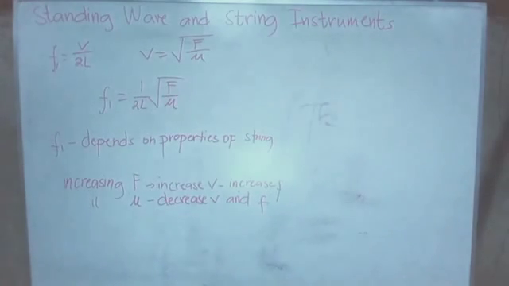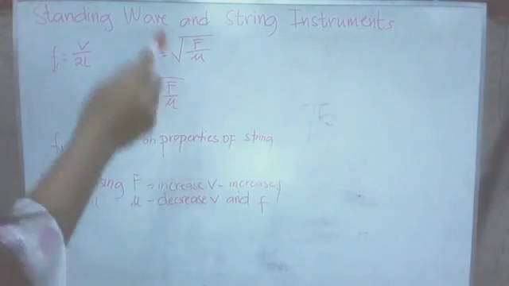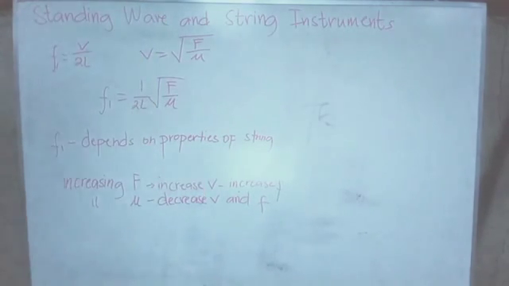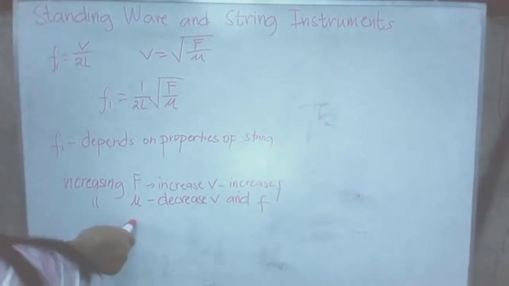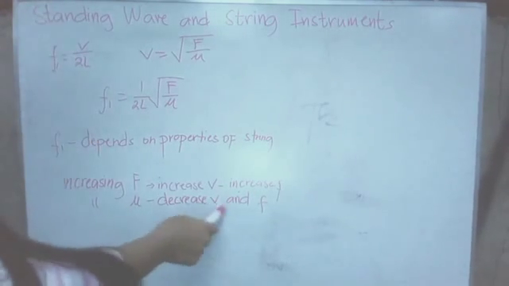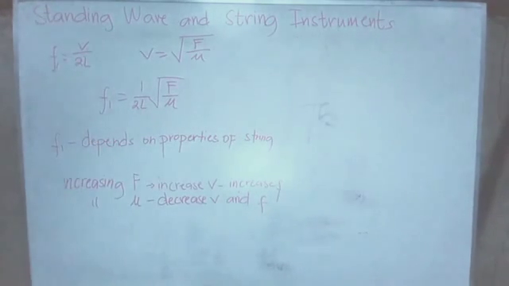We must remember that f1, or the frequency, depends on the properties of the string. So when you increase the tension of the string, it also increases your wave speed and your frequency. And lastly, increasing your mass per unit length will decrease your wave speed and also your frequency.